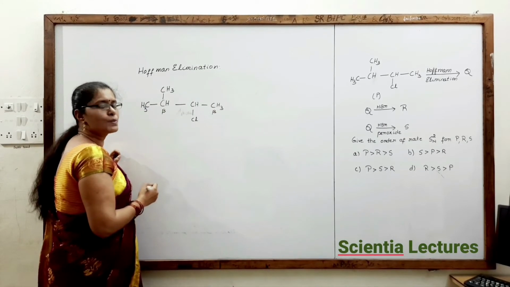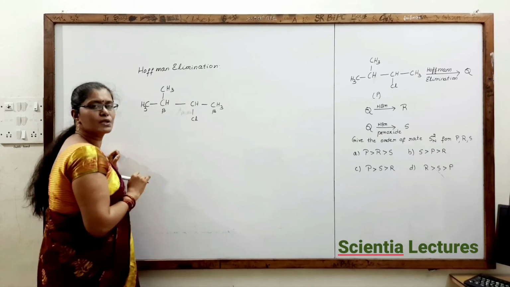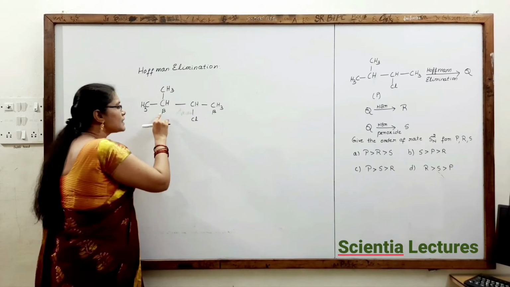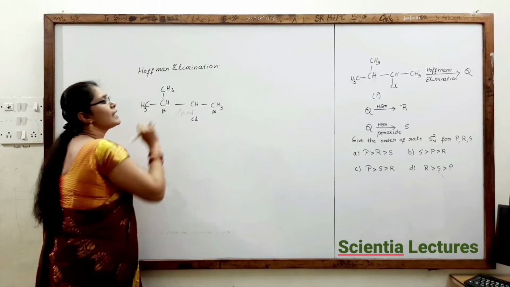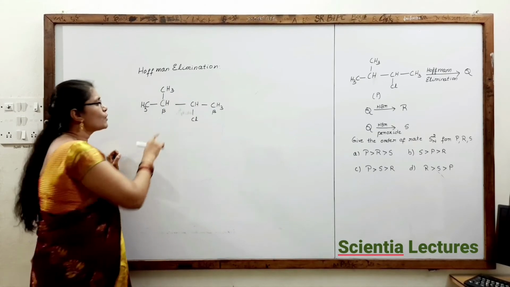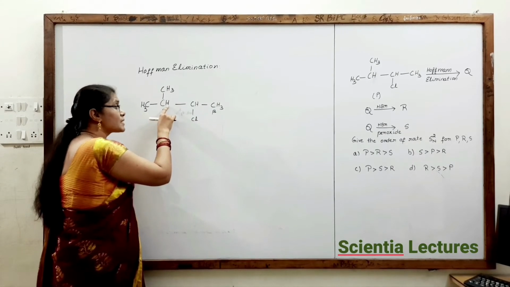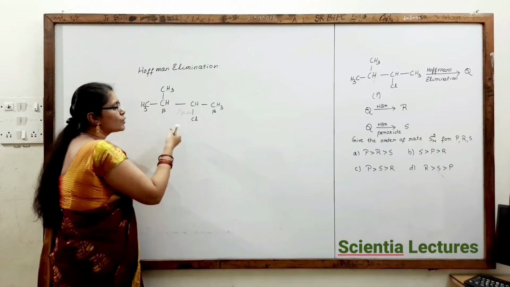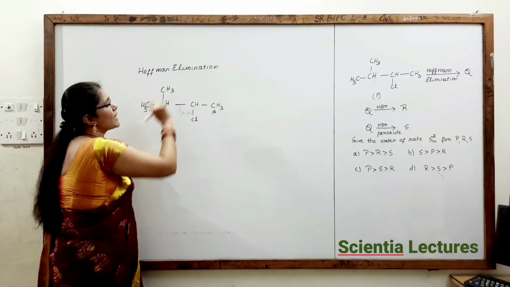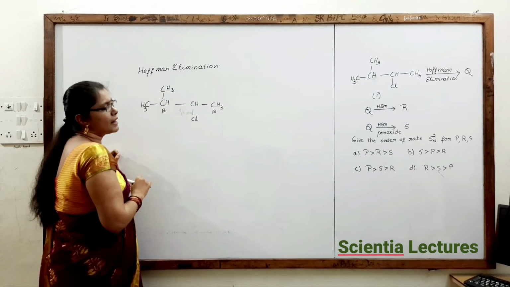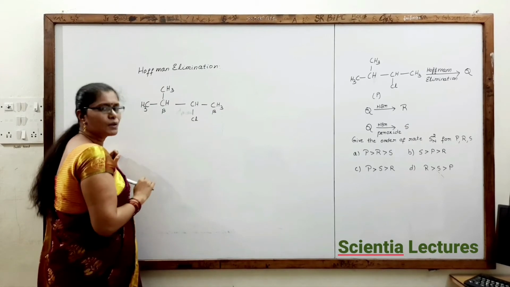In Sedgwick's product, this beta hydrogen should be eliminated because this beta carbon contains fewer beta hydrogens. So to get the Sedgwick product, we should abstract this beta hydrogen. But we are saying that it undergoes Hofmann elimination. It is already given in the question itself.